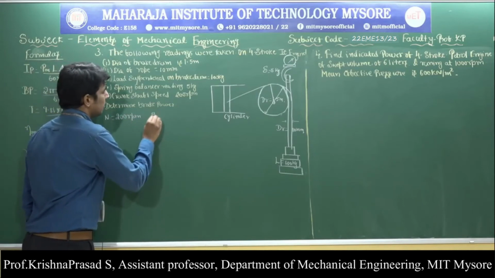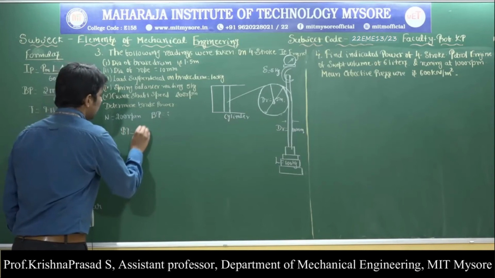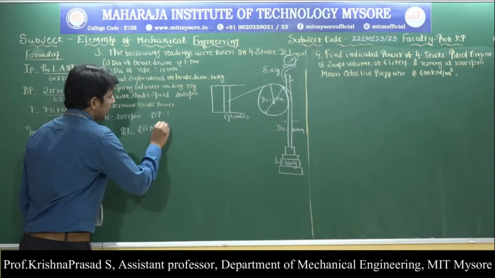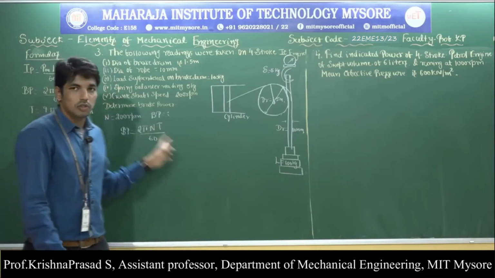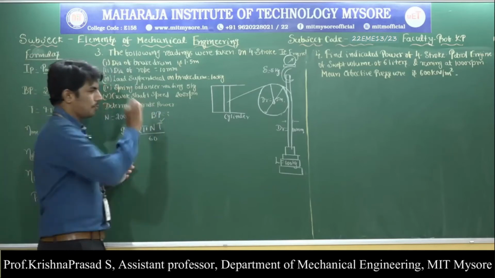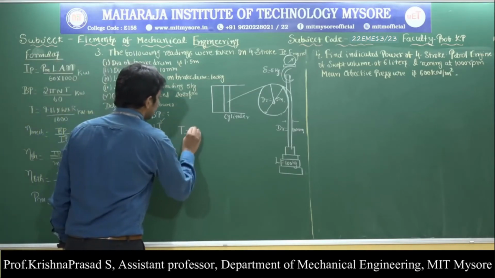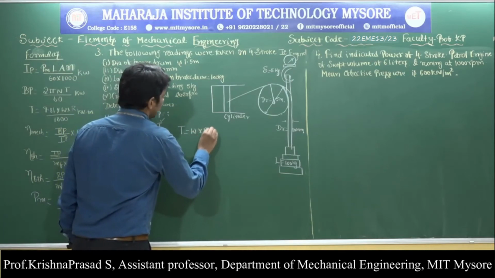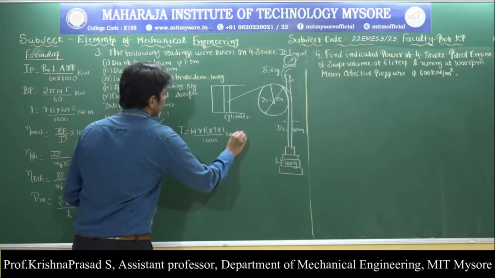Determine brake power. We know the formula for the calculation of the brake power is 2 pi NT by 60. In this formula we need to calculate the torque. We know what is meant by torque. Torque is equal to W into R into 9.81 divided by 1000 in kilonewton meter.